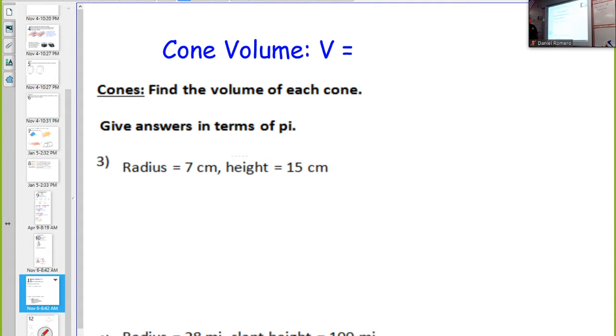Okay, now we got a cone. I don't have to put the formula because you already got it on the first page. So the formula for volume of a cone is pi r squared, where the r is the radius of that circle, since a cone has a circular base, times the height of the cone.